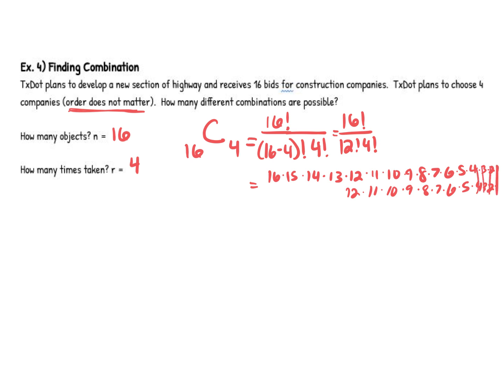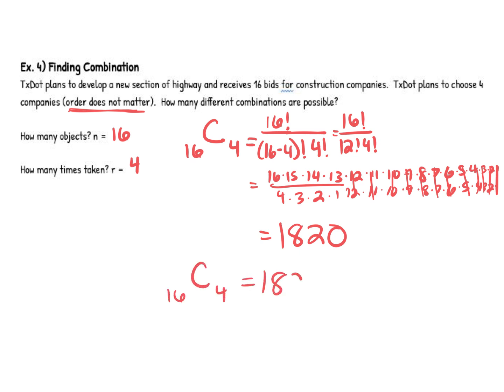So those all cancel out. And we still have that 4 factorial as well. So 4, 3, 2, 1. And if we do those multiplications and divisions, we come up with 1,820 ways. If you do MathProb 3, 16 choose 4, you're going to get the same answer.